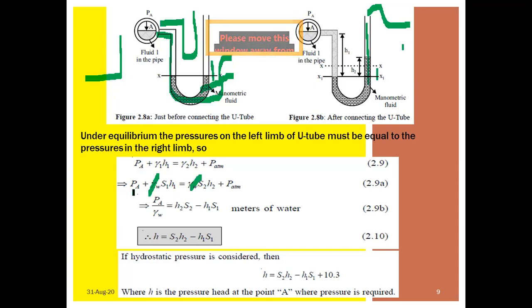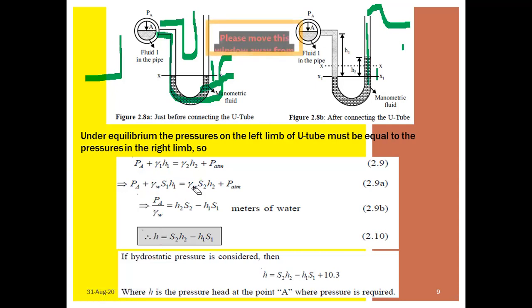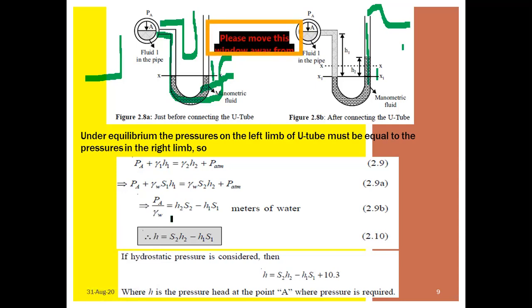Next, PA by gamma W is equal to H2 S2 minus H1 S1, which is in meters of water.